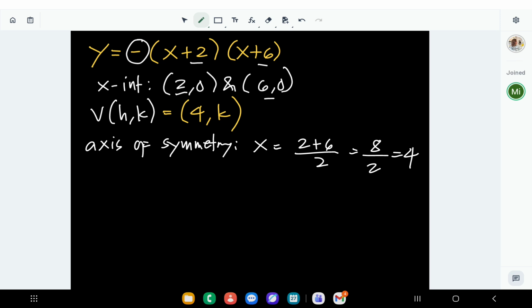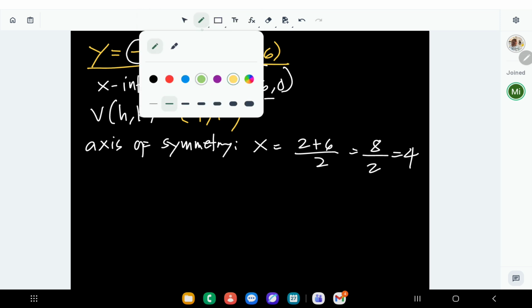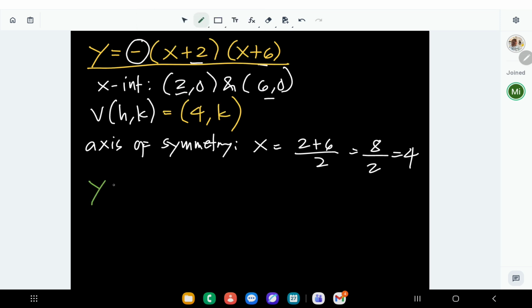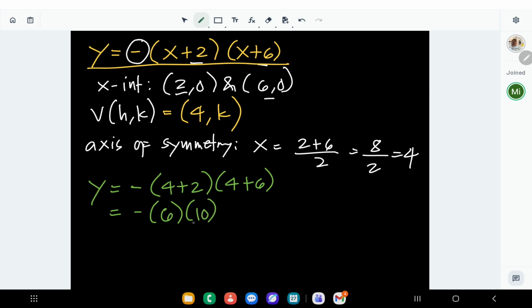To solve k, we plug h into the original function, which is this one. So that is y equals negative (4 plus 2)(4 plus 6). So this is negative of 6 times 10.